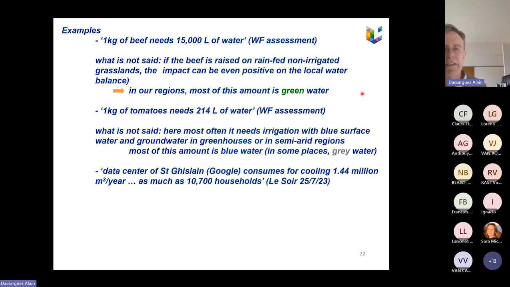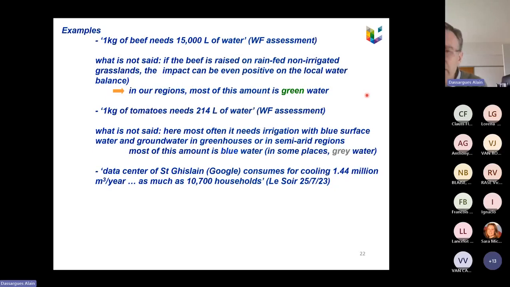If I take an example of your domain, the data center of Saint-Ghislain, as Sarah said, is consuming a lot of water, and there was a press release recently, I saw that in Le Soir, of as much as 1.44 million cubic meters per year. It seems a lot, the equivalent of a little more than 10,000 households.